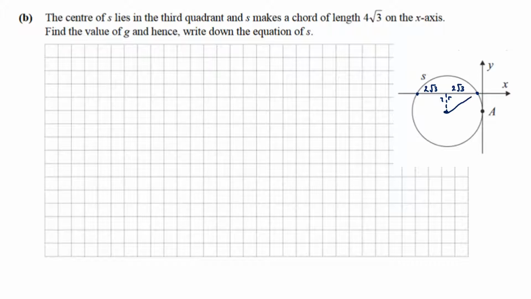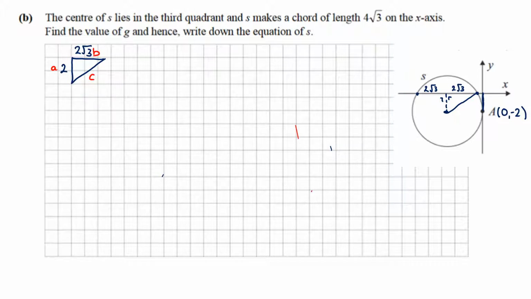I have a little right angle triangle here, and I also know the height of this triangle because remember point A was given as 0, minus 2. So this height here will be equal to 2. So we have a right angle triangle with 2 root 3 here and 2, and we're going to work out the length of the radius using Pythagoras. When we use Pythagoras, c is always the hypotenuse.